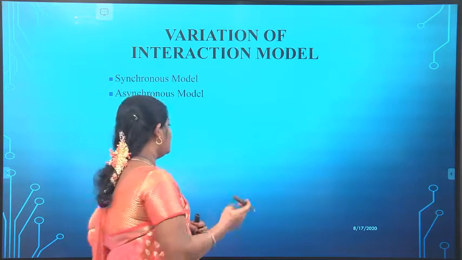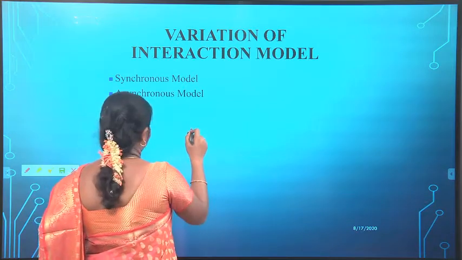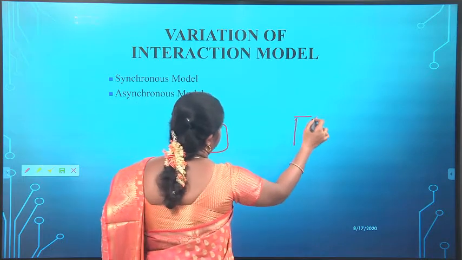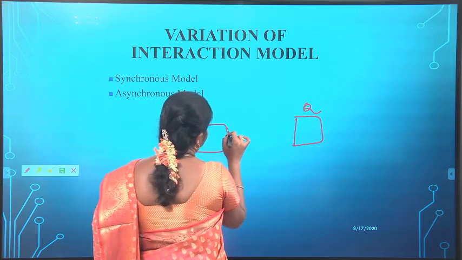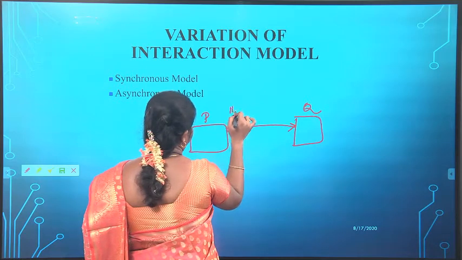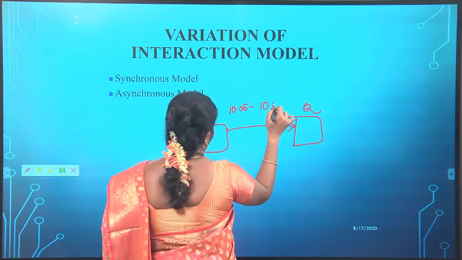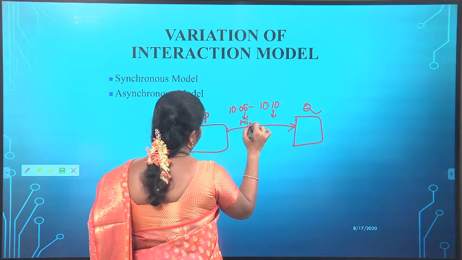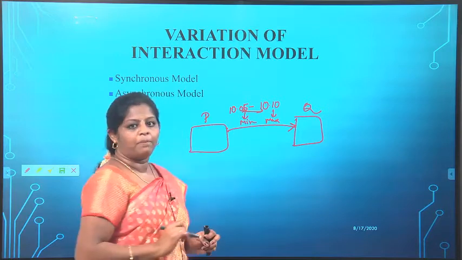For example, this is one process P, and this is process Q. Process P wants to send a message to process Q, but they fix the timing: the message needs to reach Q between 10:05 and 10:10. That means this is the minimum boundary and this is the maximum boundary. Within this time period, the message needs to reach process Q.